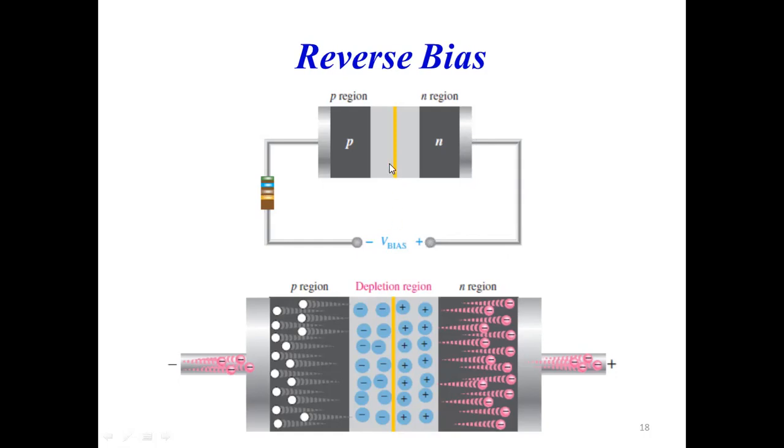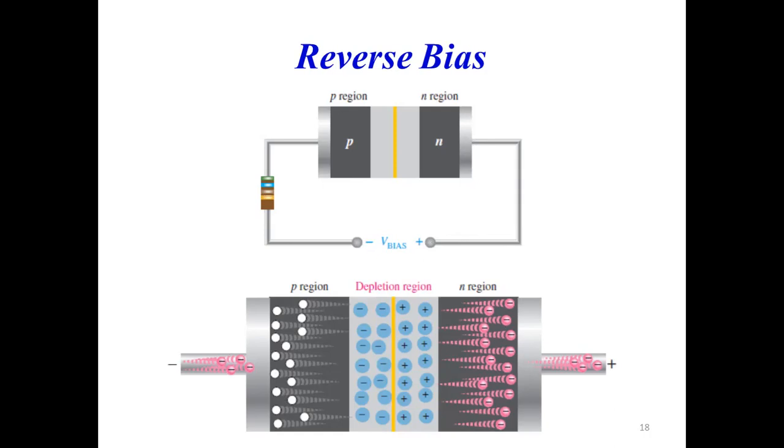Obviously, it will increase the width of the depletion region. The same thing is shown in this diagram. Just see here, the width of the depletion region is increased because most of the holes are attracted towards the negative voltage, and electrons are attracted towards the positive voltage.